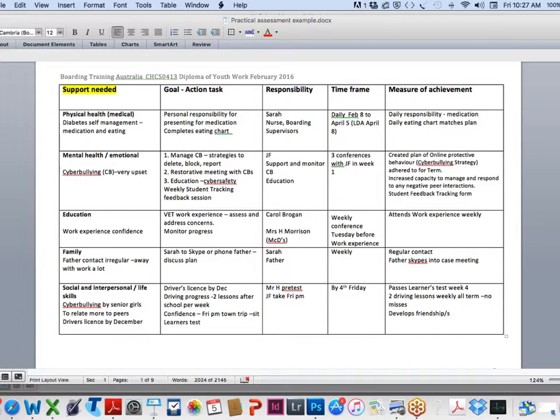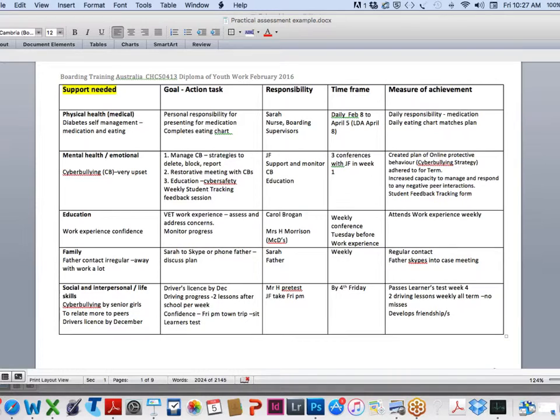So the first thing we talked about with Sarah was her whole physical health, and of course this is mainly the responsibility of the nurse, but in boarding the female supervisors are going to work closely with the nurse to make sure that that's working. And the boarding staff are going to get her to implement this daily eating chart.